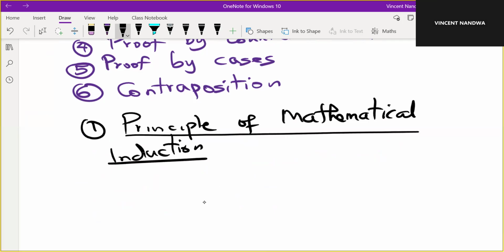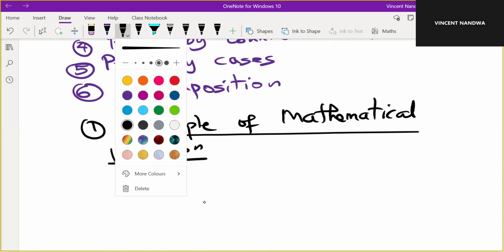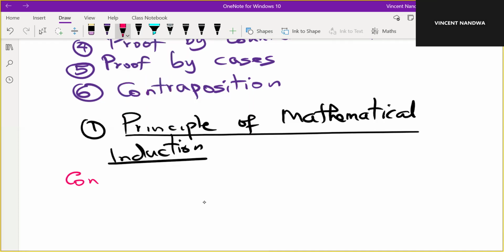Principle of mathematical induction. So before I give the formal statement, I would like us to do an experiment about addition of odd positive integers. So consider, this is an activity.